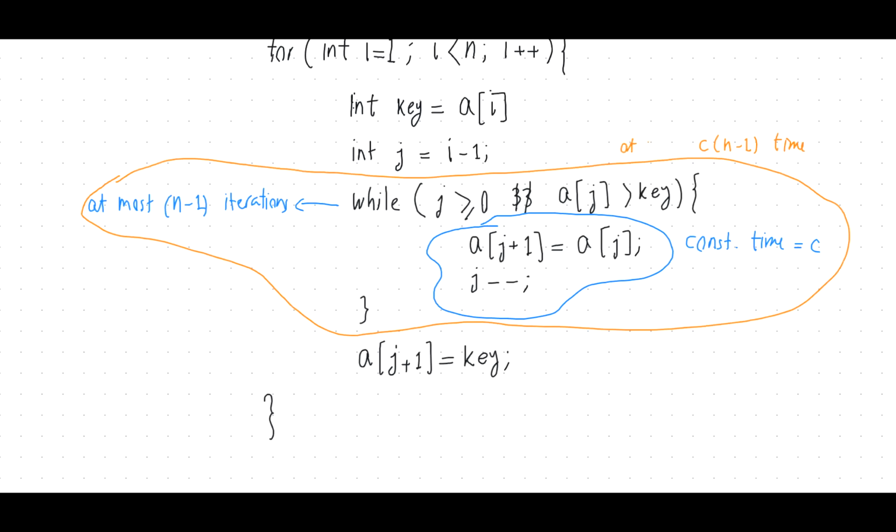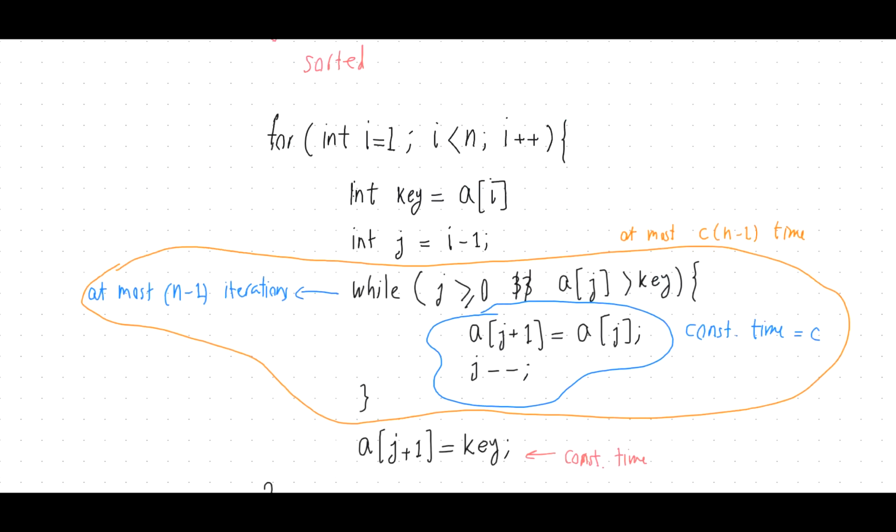Because again, it depends on the numbers how many times this while loop iterates. It can be different depending on the numbers that you have inside, but we know that at most it's this much. It cannot be more than this. Now, what's going on inside the outer loop? This is just a simple assignment, constant time.